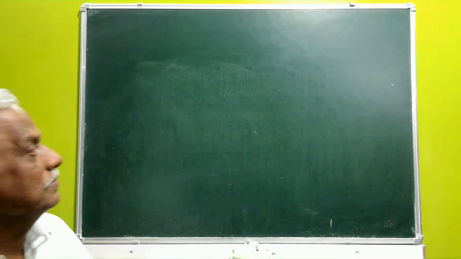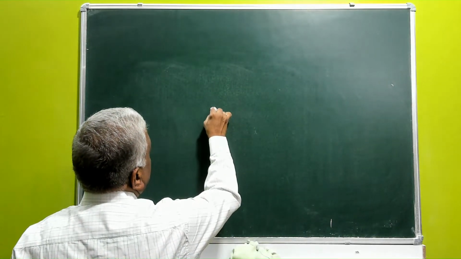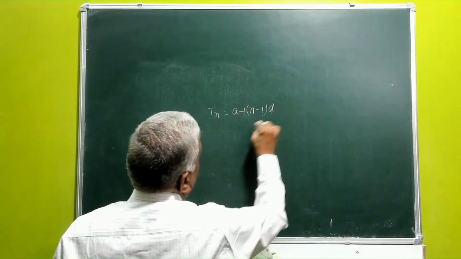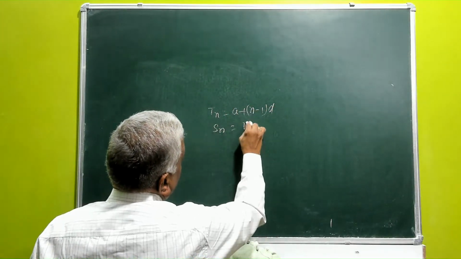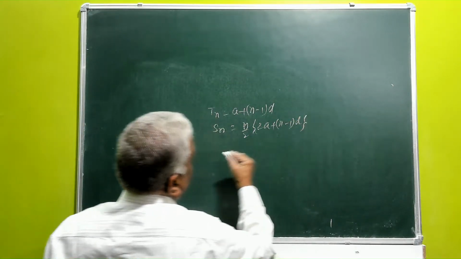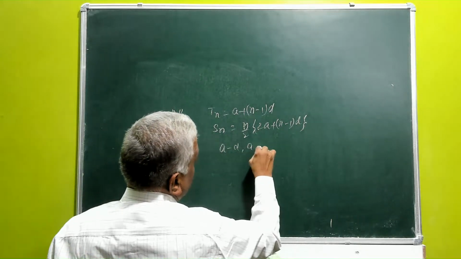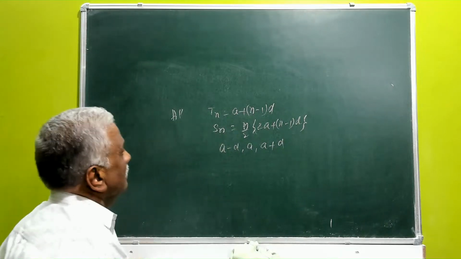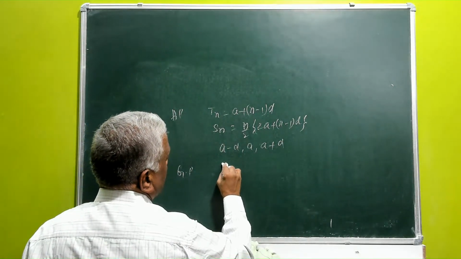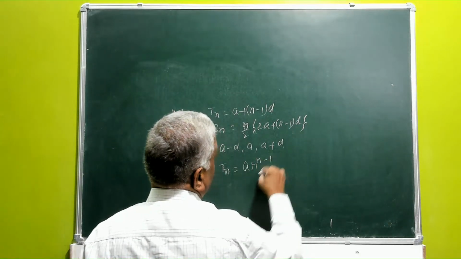Then since we had time, I discussed AP and GP. Tn is a plus n minus 1 into d. Sn is n by 2 into 2a plus n minus 1 into d. This is AP. And any three terms are a minus d, a and a plus d. What about GP? Tn is a r to the power of n minus 1.